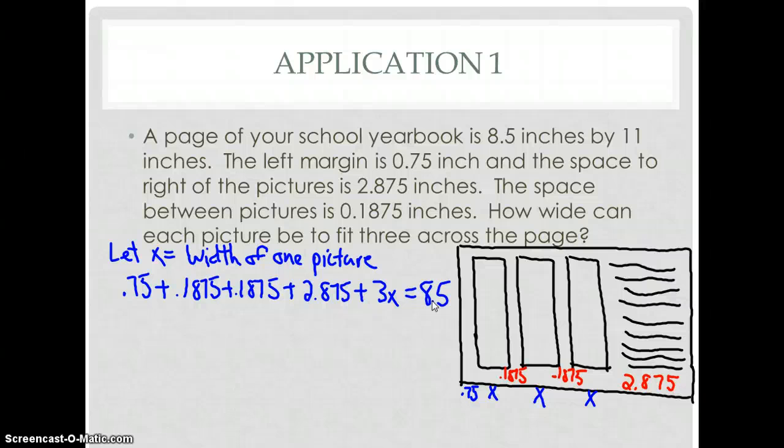So as we do this, let's simplify the left side of this equation first, and we'll do that by adding 0.75 plus 0.1875 twice, plus the 2.875, and what does that give us?